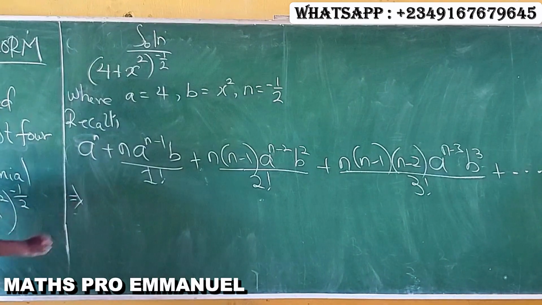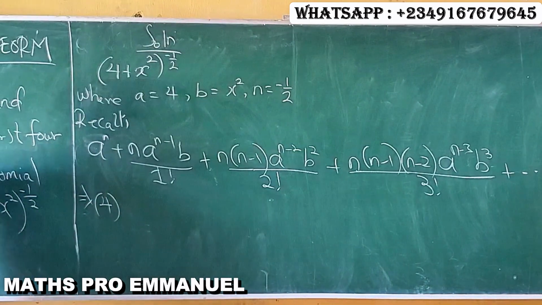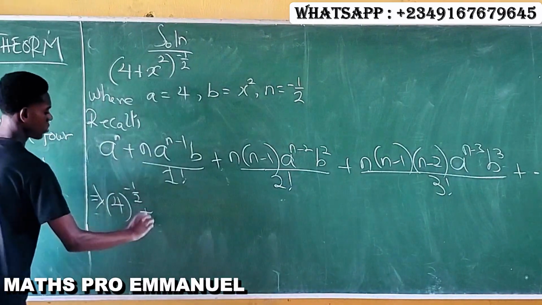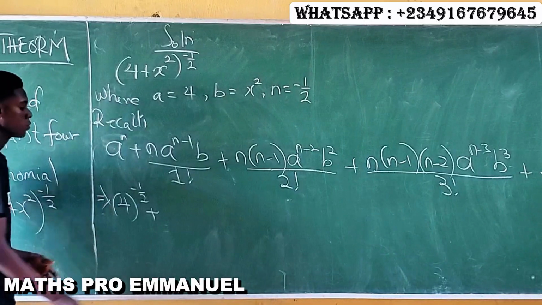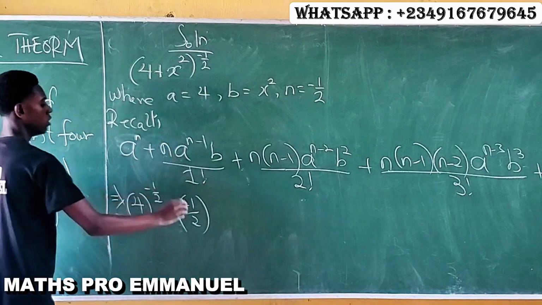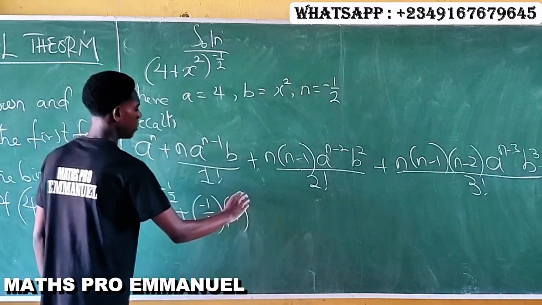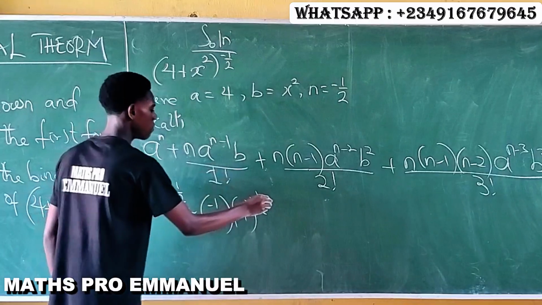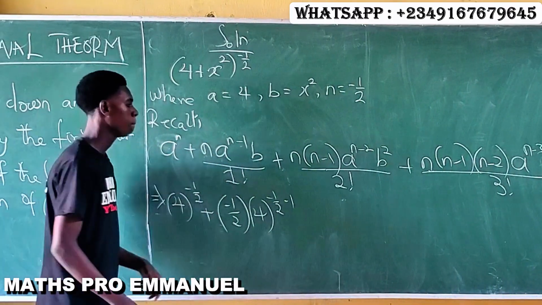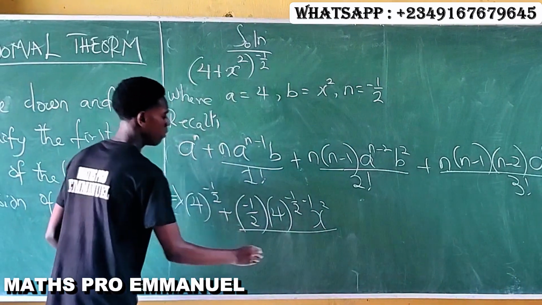So the first term will be 4 raised to the power of n, where n is minus 1 over 2. Plus n, which is minus 1 over 2, multiplied by a, which is 4, raised to the power of minus 1 over 2 minus 1. It's just simple substitution. And then b is x squared, all over 1 factorial.